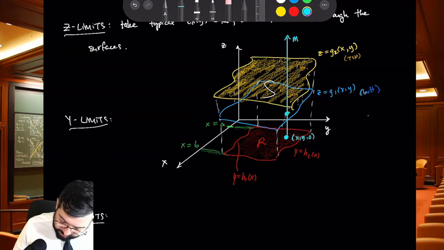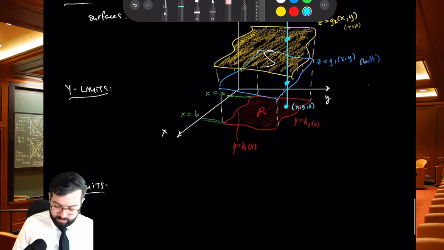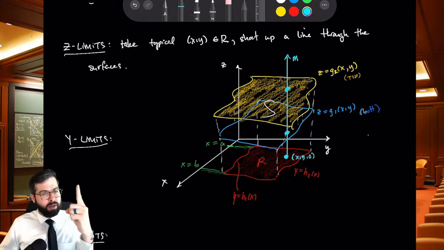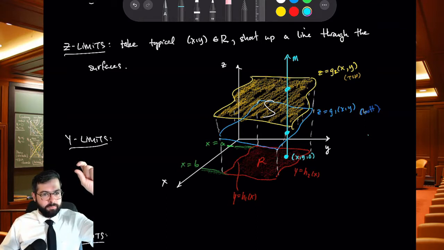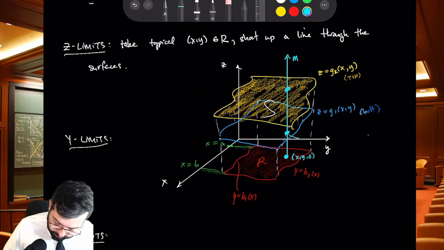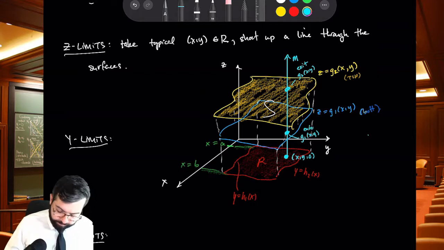And where it enters and leaves, that's your inequality for z. It hits the bottom surface and pokes out through the top. Those are your limits of integration for z, because these should be surfaces of x, y. So here's your g1 of x, y, and here's your g2 of x, y. So you can think of the enter and the exit.